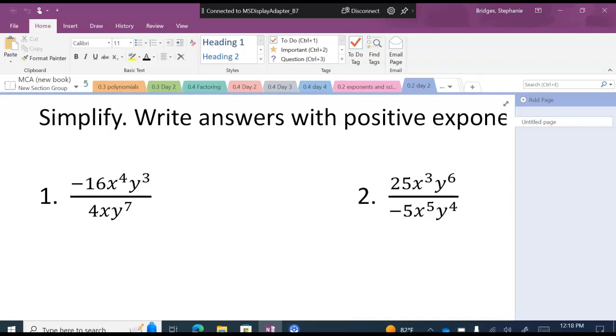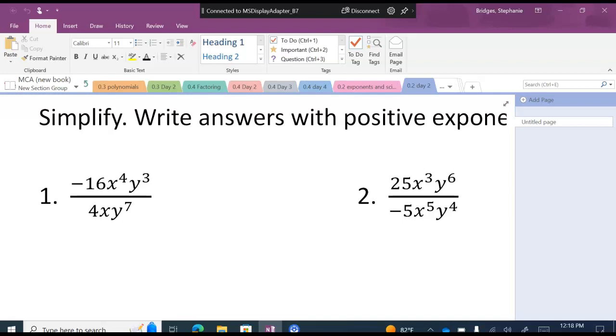So we're going to take this piece by piece. My numerator is negative 16x to the 4th, y to the 3rd. My denominator is 4x, y to the 7th. So we are going to start with the numbers first. Just looking at negative 16 and 4, I want to know what is it that they have in common that I can simplify out. What can divide into both negative 16 and 4? 4.